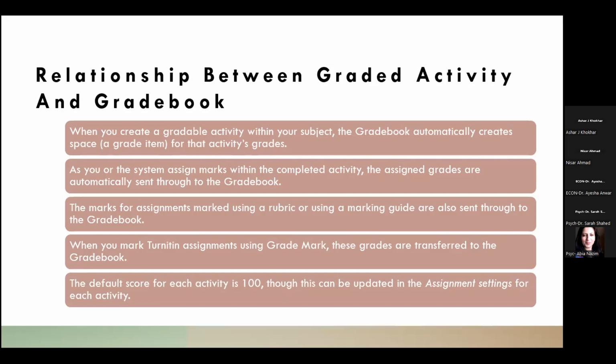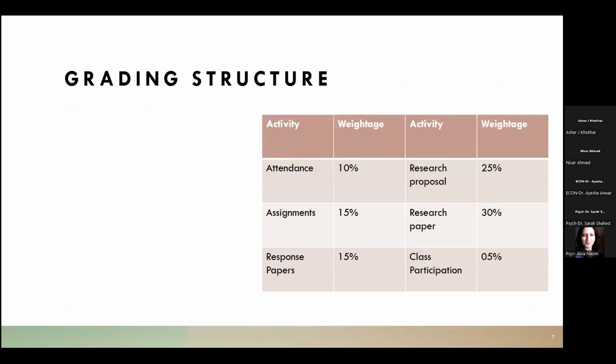How to set up your gradebook? For that, you need to go back to your course outlines first, because before your course starts, we develop our course outlines. So first, you have to develop a grading structure. This is my postgrad course, MPhil course, which I am teaching in this semester. So this is my grading structure.